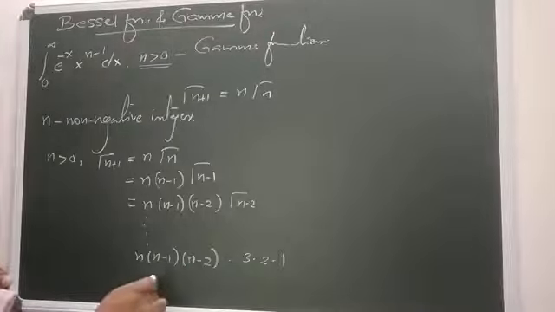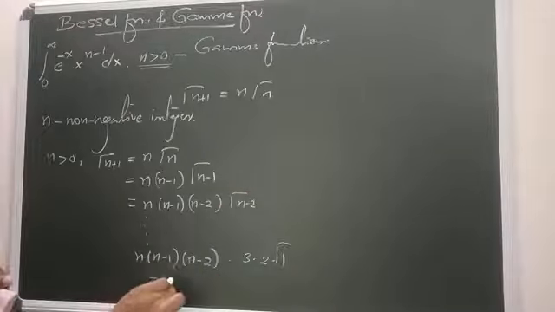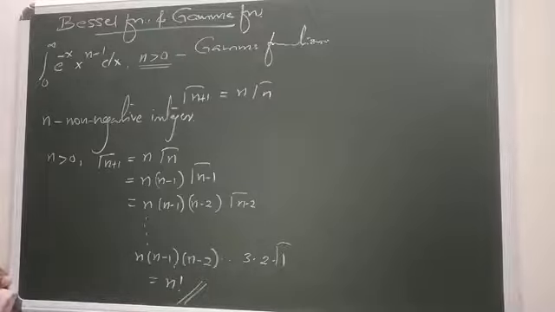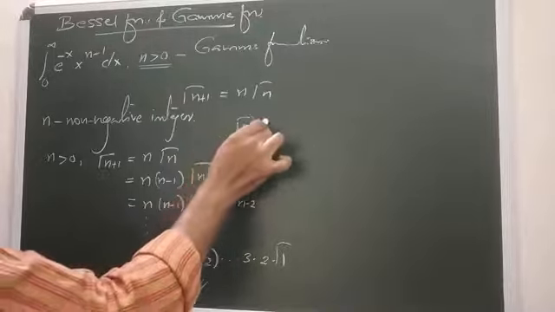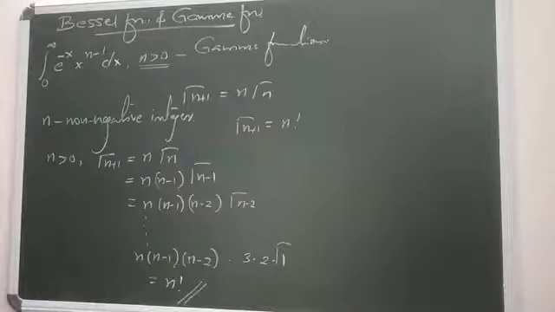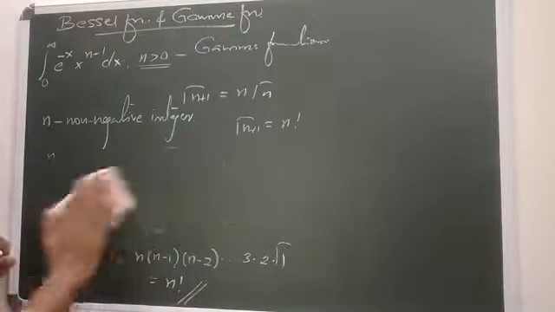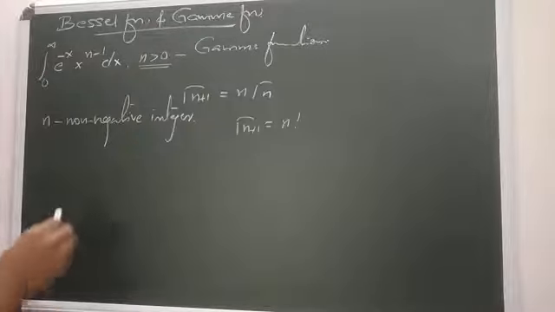So finally it is nothing but n factorial, because the last term is gamma 1, which is 1. So this is another result: when n is a non-negative integer, gamma n plus 1 is n factorial. By using this argument, n factorial, there is the Gauss pi function.